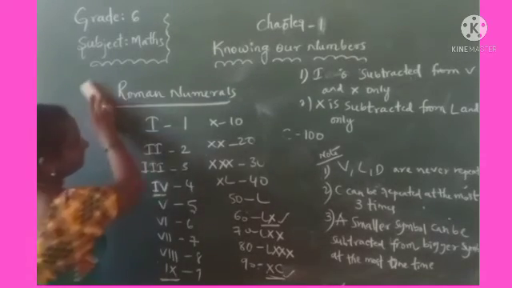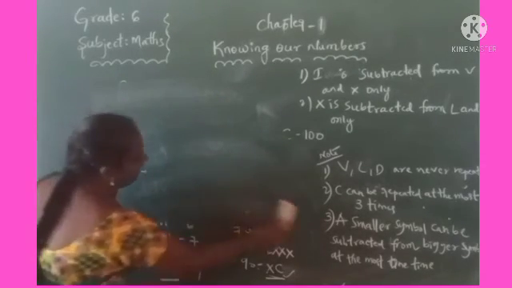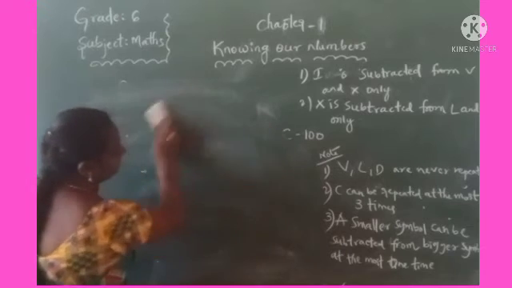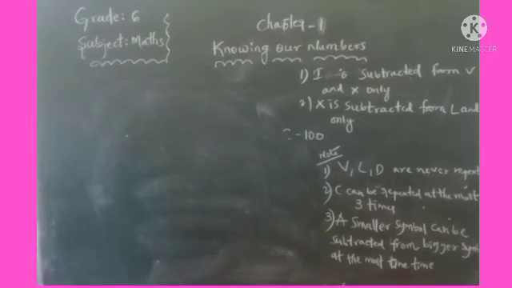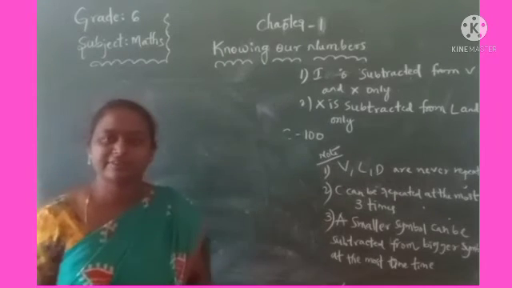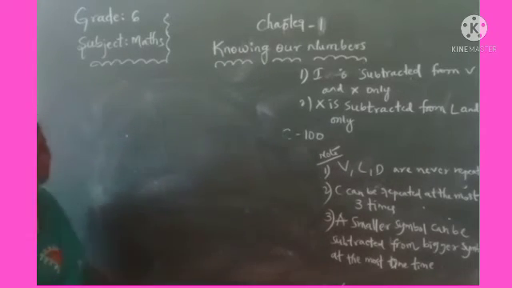So these Roman numerals we have to keep in mind now. What is the value for Roman numeral C? C value is 100.